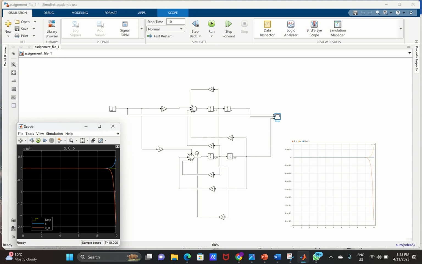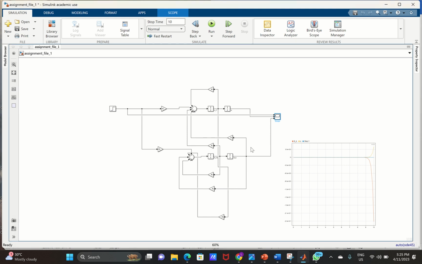That shows us the system is unstable, and the only way we could make it stable is by adding a controller.